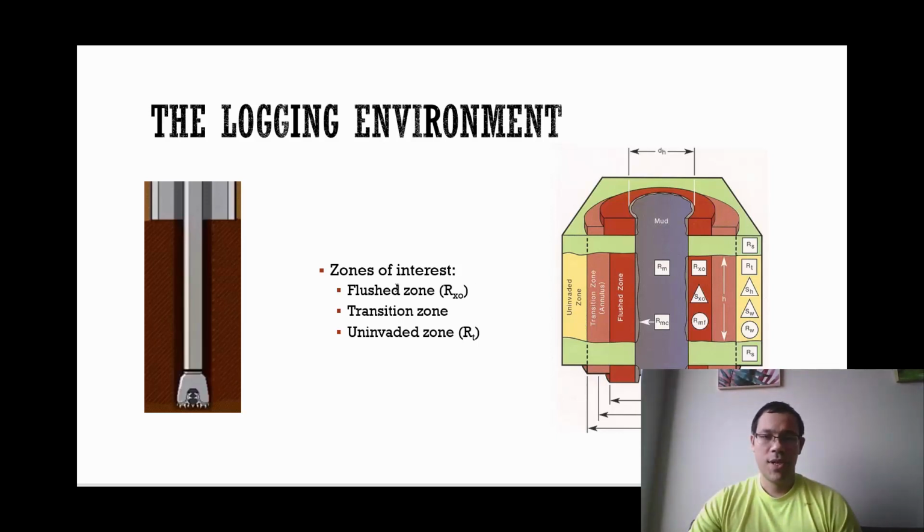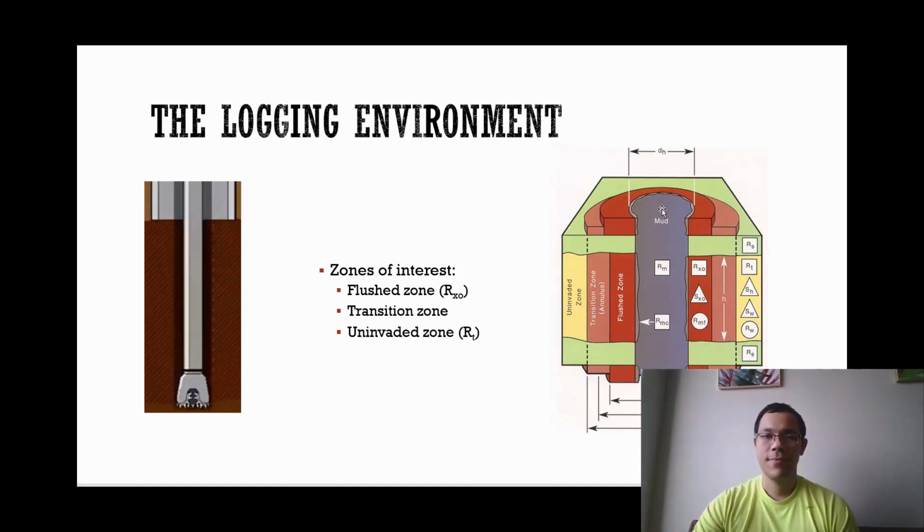Just to get familiar with the terms, the flush zone is identified by Rxo, and the transition zone actually doesn't have any special nomenclature. And when we're talking about Rt, which is really important when talking about resistivity logs, this is the resistivity of the formation in the inundated zone.